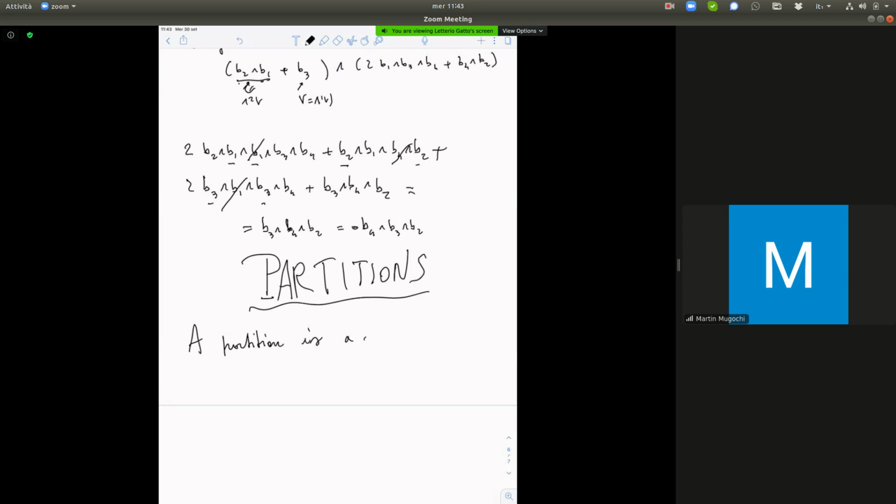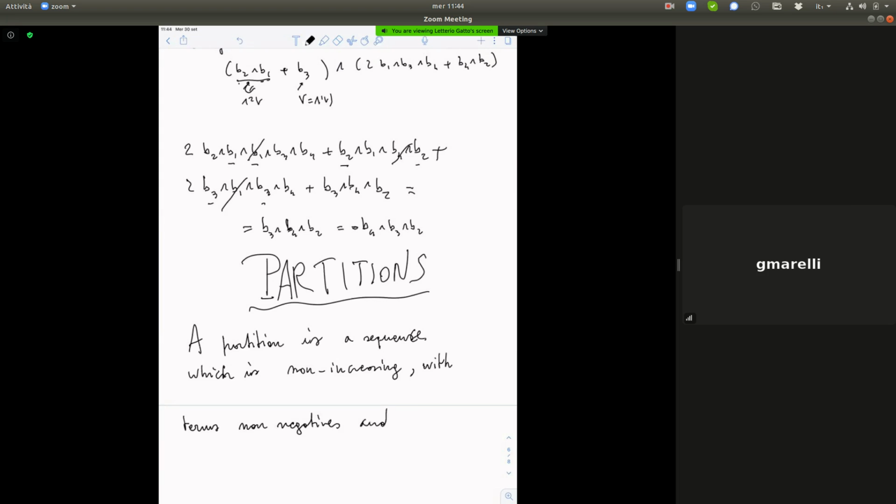It is a sequence which is non-increasing, with terms non-negative, and all zero but finitely many.